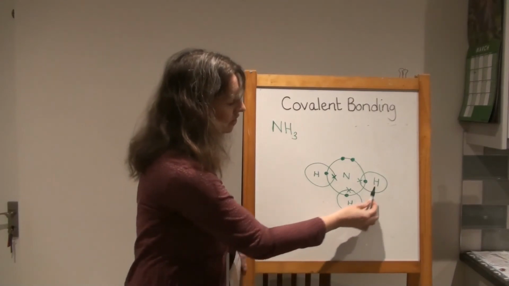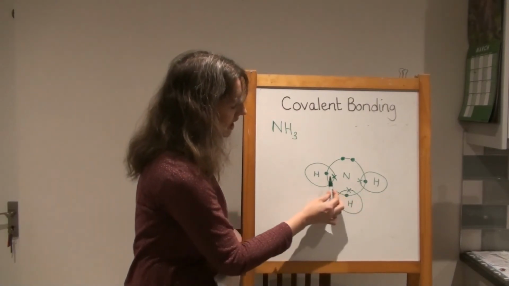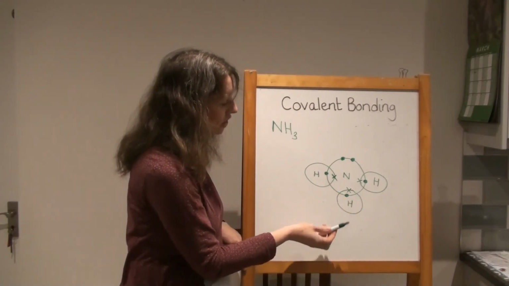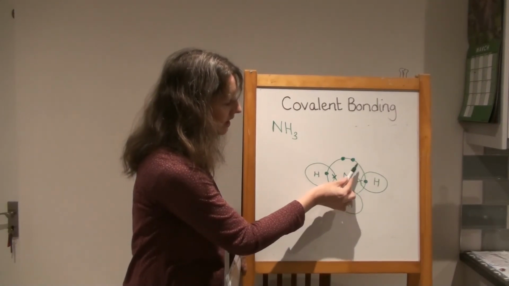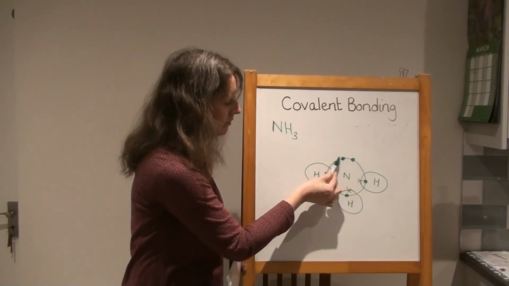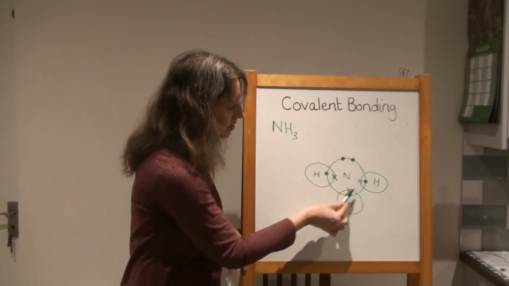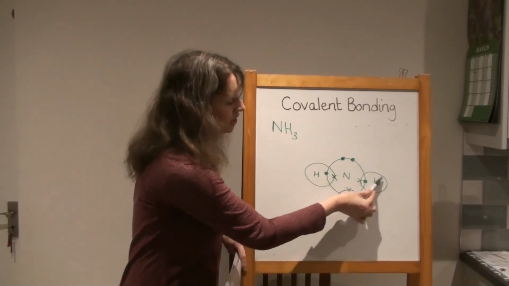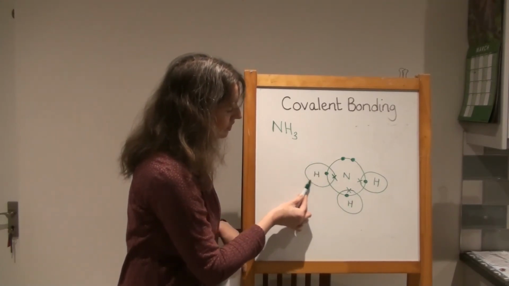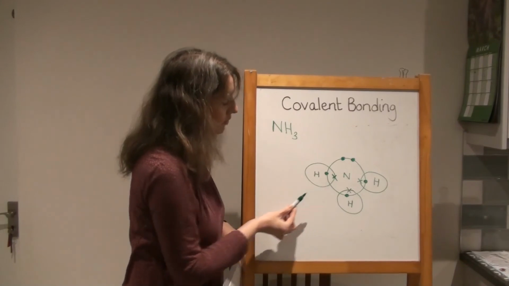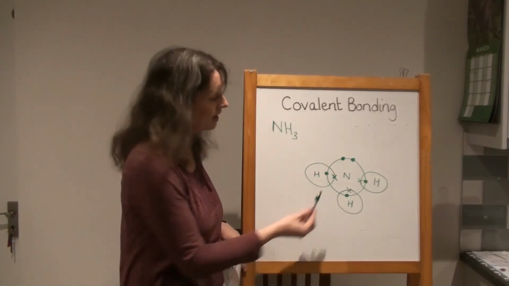So 3 hydrogens, each with a shared pair, and then nitrogen, because it has 5 of its own, 1, 2, 3 involved in bonding, 4, 5. But now we have a total of 8. 2, 4, 6, 8. Hydrogen has 2. Make sure you've not got any electrons in this outer bit here, otherwise you've duplicated some of them.